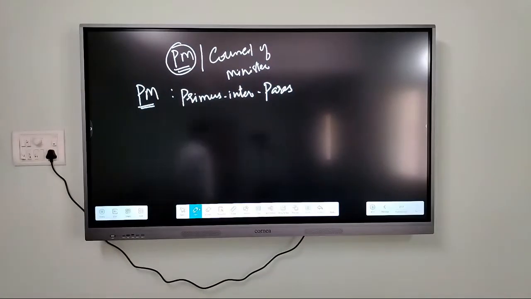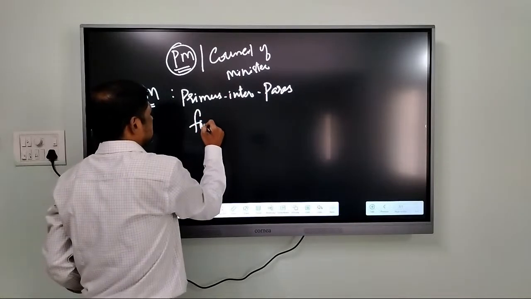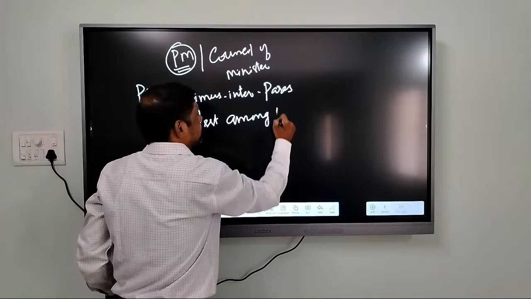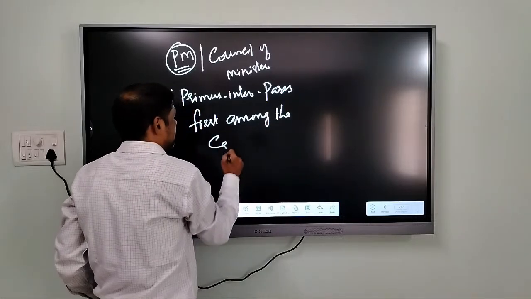So the Prime Minister is regarded as the first among the equals.